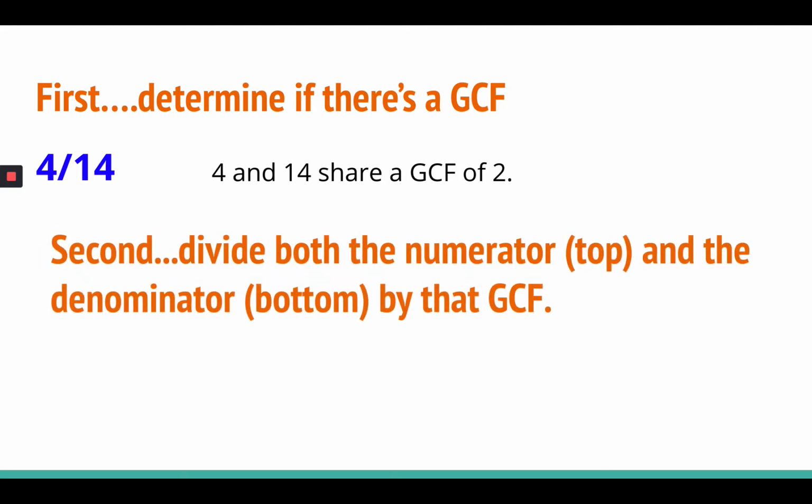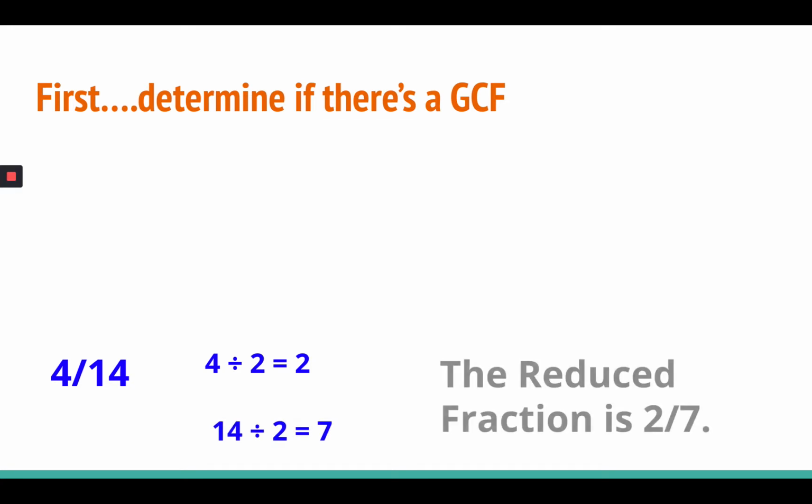So second, you divide both the numerator, the top, and the denominator, the bottom, by that greatest common factor. So again, we're looking at 4/14. The GCF was 2, the factor that went into both 4 and 14. So we go 4 divided by 2 is 2, and 14 divided by 2 is 7. The reduced fraction is now 2/7.